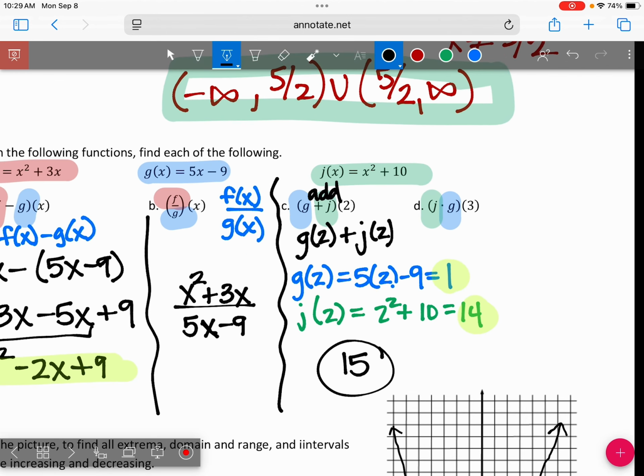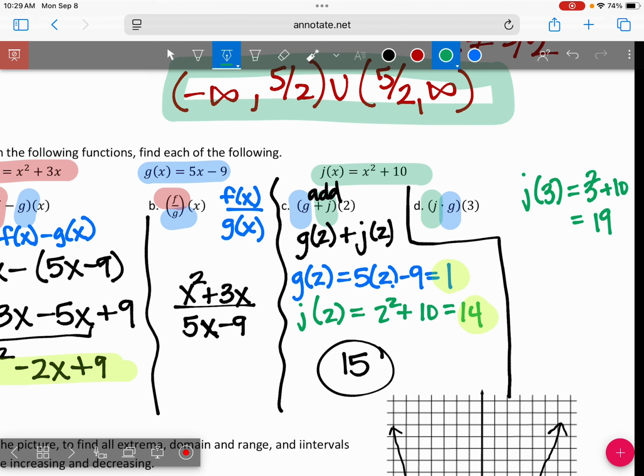And then lastly, for this first part, I'm going to find j of 3, which would be 3 squared plus 10, which is 19. And then I'm going to find g of 3, which is 5 times 3 minus 9.